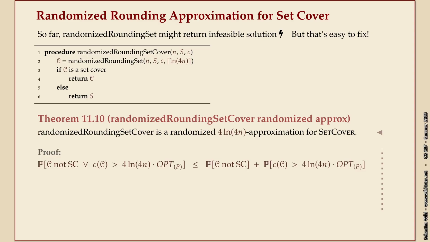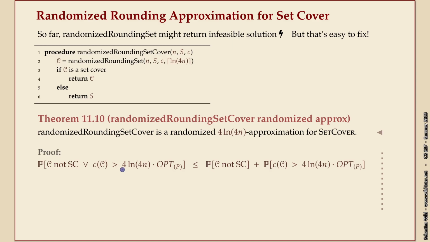So you just have to prove that with probability 1/2, right? This was the definition. Randomized approximation means with probability 1/2, the approximation ratio is below this bound. And for that, we have to bound how often we return the entire set, because we cannot say much about its quality there. So the probability that C is not a set cover, which means we return something of bad quality, or that it is a set cover, but it actually is of poor quality itself in terms of the cost.